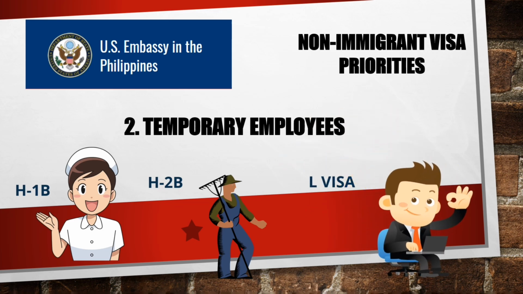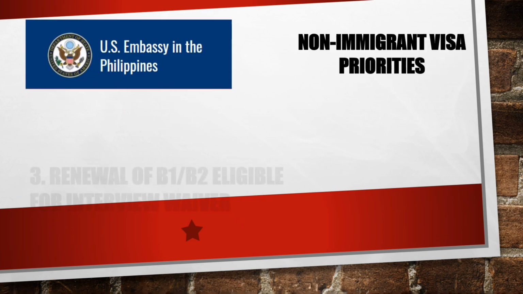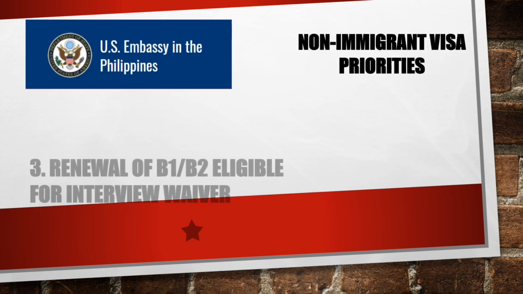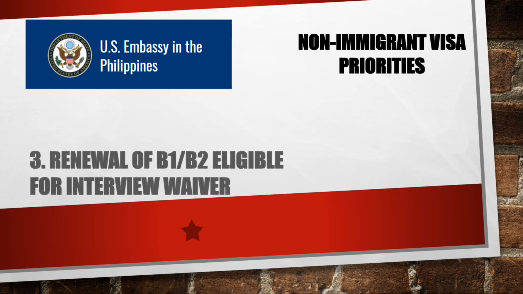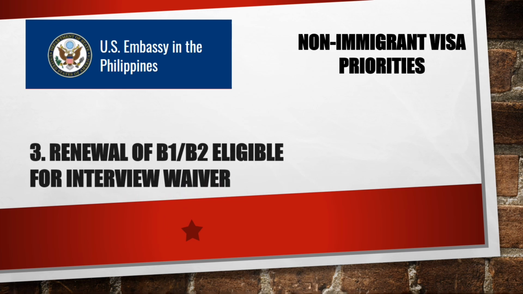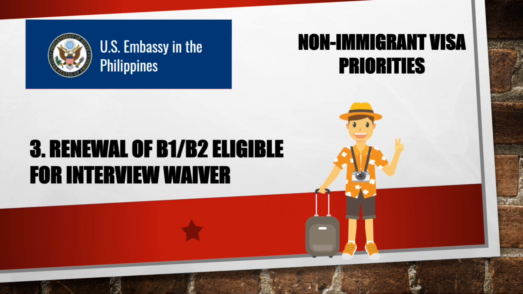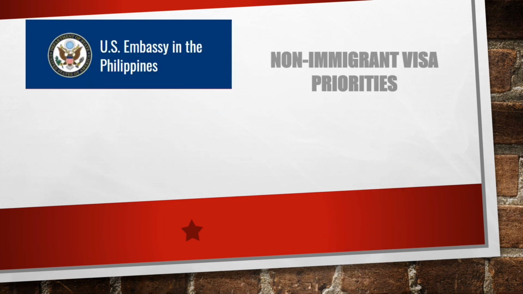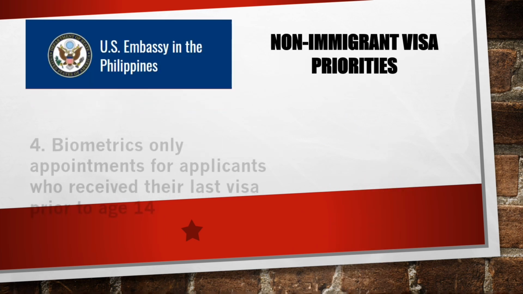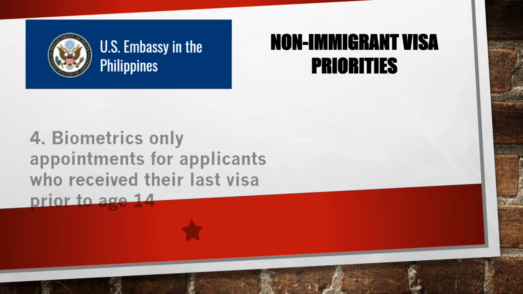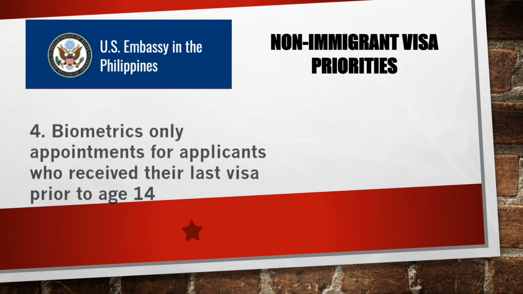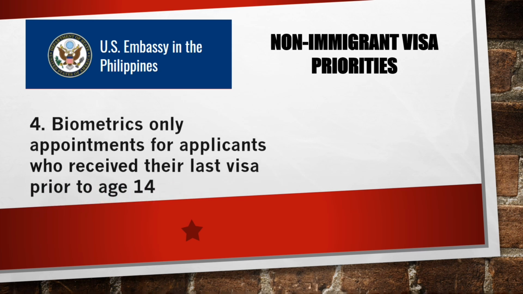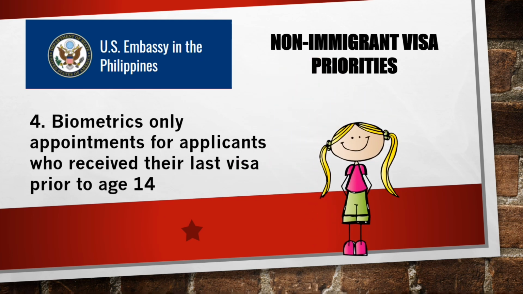The other categories are renewal of B1, B2 eligible for interview waiver, meaning to say you must answer yes to all eligibility questions to be entitled for a no visa interview. Also, biometrics only appointment for applicants who receive their last visa prior to age 14.